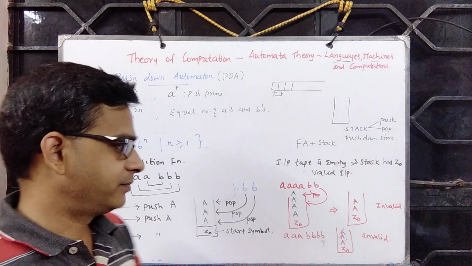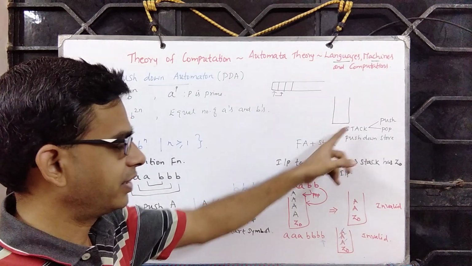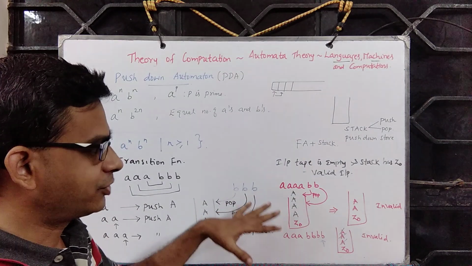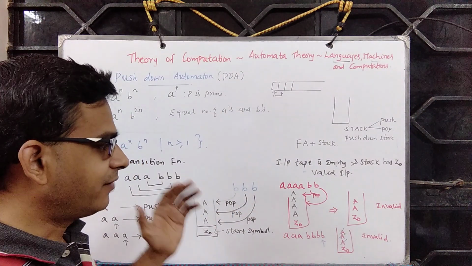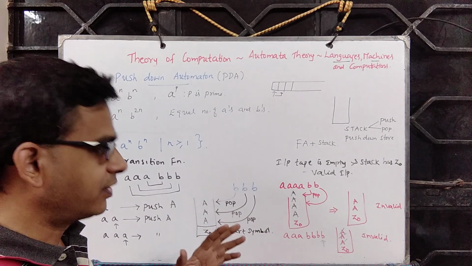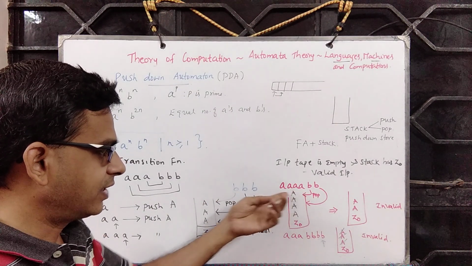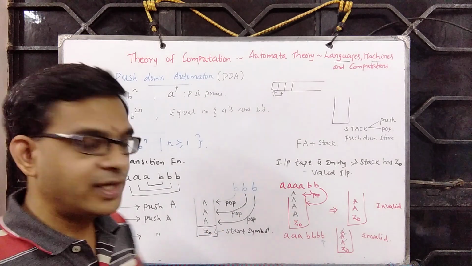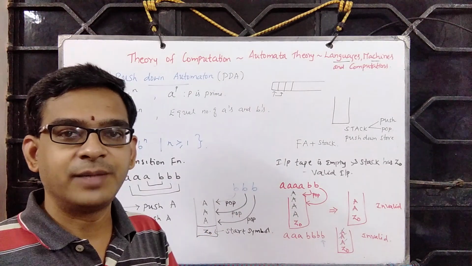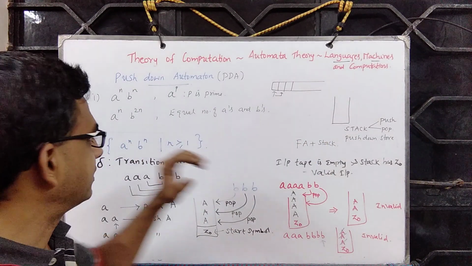The only additional feature is something called a stack, wherein it can store one or more symbols. That will, in some sense, help us understand what task was done at this point in time. Meaning, in some sense, we remember the number of A's read through this stack as far as this example is concerned.